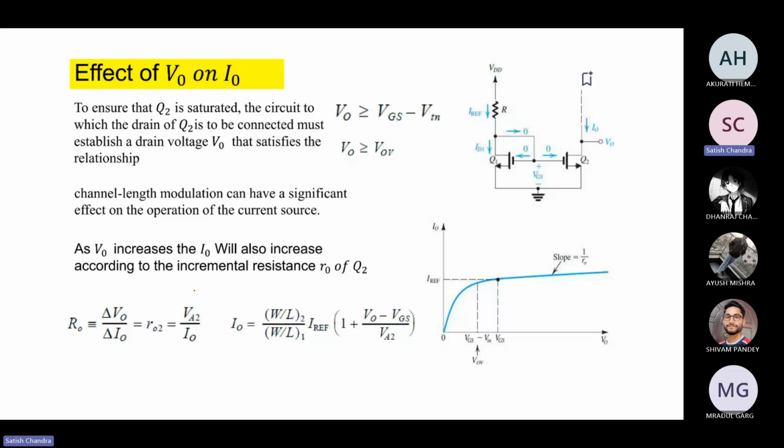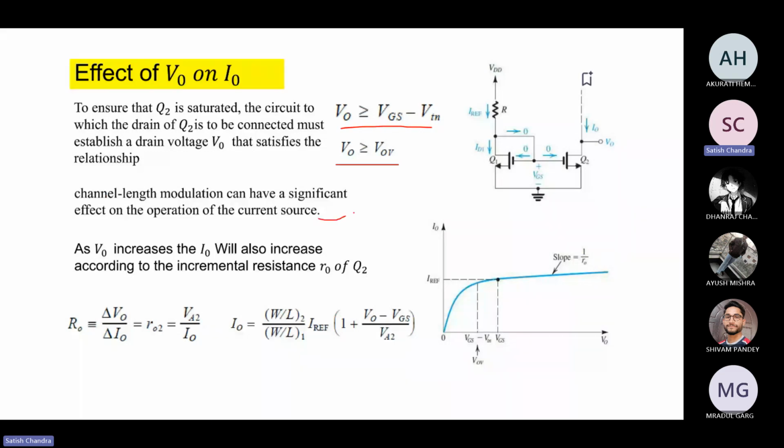Now let's see what is going to happen on the V0 and I0. To ensure that Q2 is saturated, the circuit to which the drain of Q2 is connected must establish a drain voltage V0 that satisfies the relationship, that is nothing but this thing and this thing. And channel length modulation can have a significant effect on the operation of the current mirror.